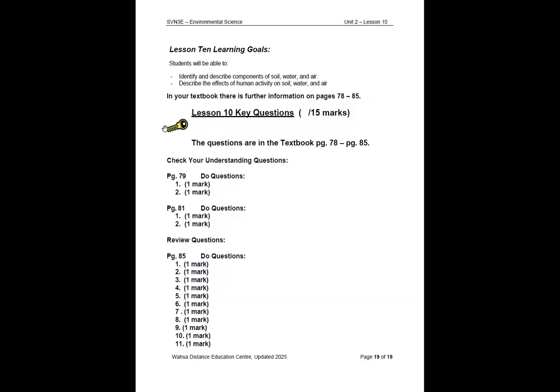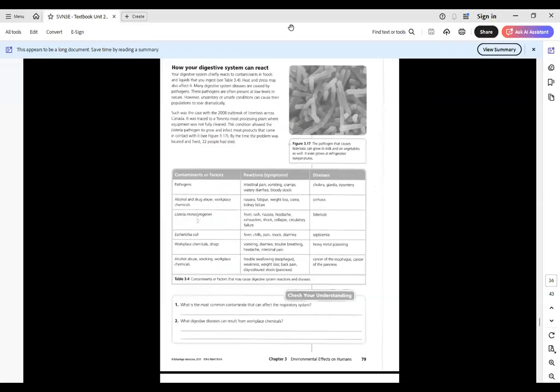Now we're going to go back over to our textbook and let's go have a look at what question number 1 was. Sorry about that. Okay, we're over in the textbook, page 79. You should be able to see that on your screen. It says question 1, what is the most common contaminant that can affect the respiratory system? Okay, I would say if you wanted to look at table 3.3, that's probably what you could use to answer that question.